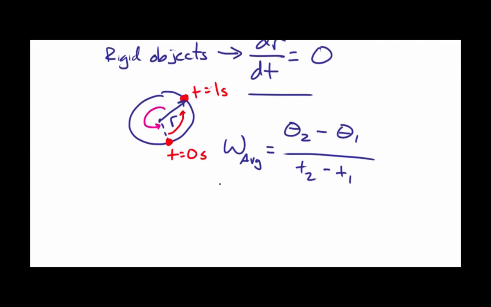Indeed. Now, let me point out that I haven't really defined my coordinate system properly, so I'm going to go back and label it. By convention, and this doesn't really matter, we tend to define the horizontal line as theta equals 0. Then we define positive theta counterclockwise from horizontal to the right from the axis of rotation.